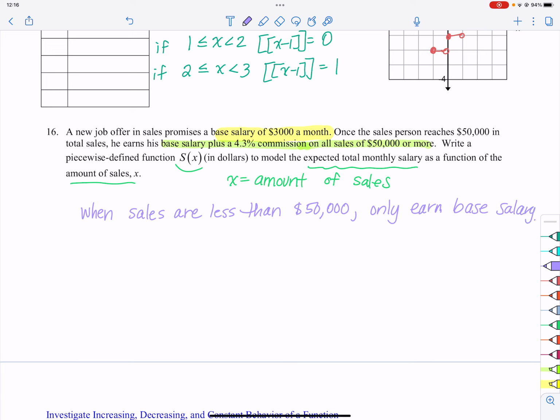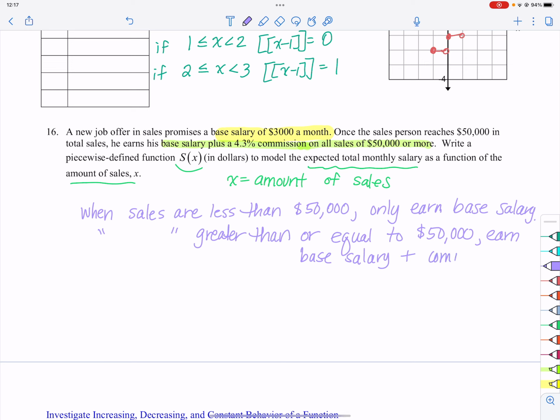Okay? But if when sales are greater than or equal to $50,000, they will earn the base salary plus commission. Okay.